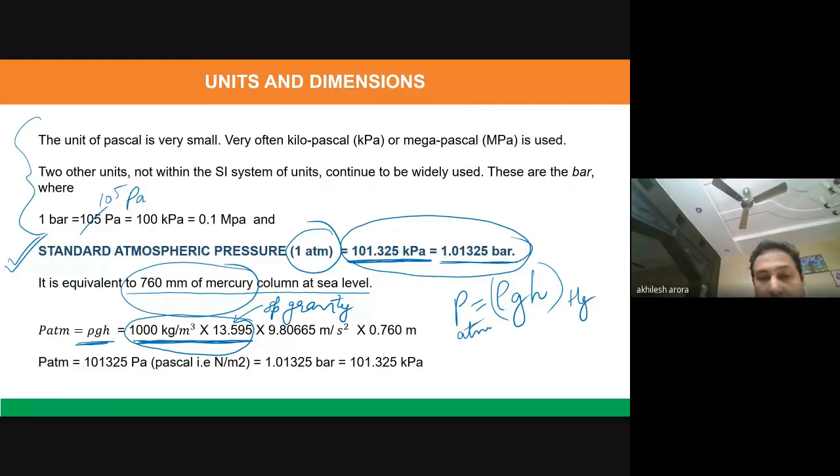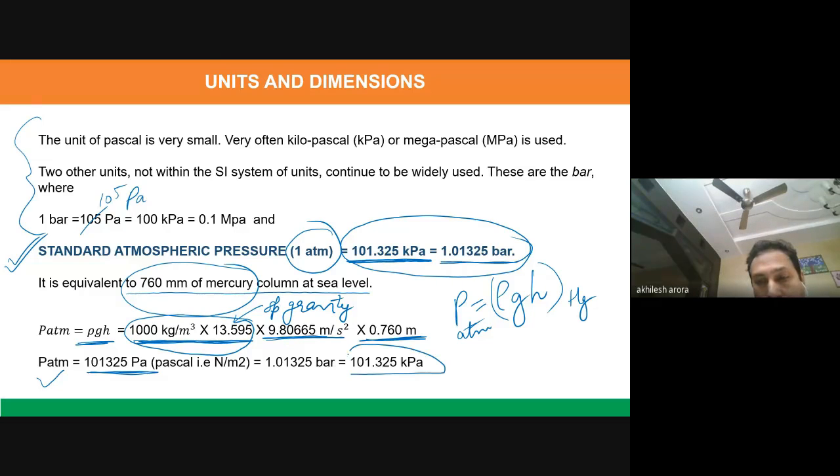I can get the value of the density of mercury. Density of mercury multiplied by the acceleration due to gravity, which is 9.80665 meter per second square, multiplied by the height of the column of mercury, which is 0.76 meter, I will get the atmospheric pressure, which is equal to 101325 Pascal. Calculating this in kilopascal, you divide by 1000.